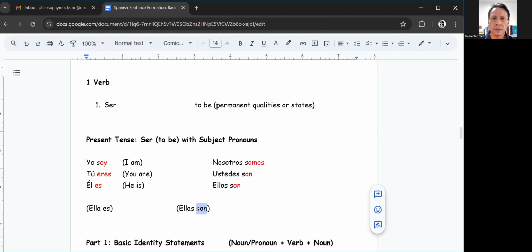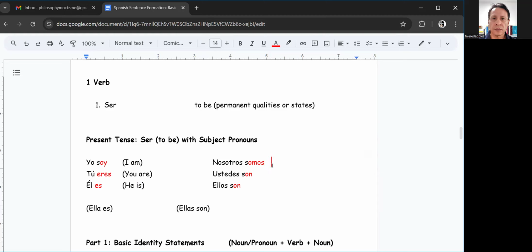So at least for the verb, the ellos, the conjugate. But anyway, okay. So yo soy, I am. Tú eres, you are. Él es, and this is really easy because it's the closest one that looks like or sounds like is. Él es, he is. Es, is. Okay.